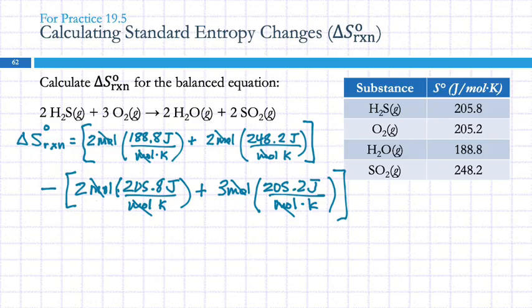So 2 times 188.8 plus 2 times 248.2 minus, good idea to use parentheses here where those brackets are, 2 times 205.8 plus 3 times 205.2, close the parentheses.